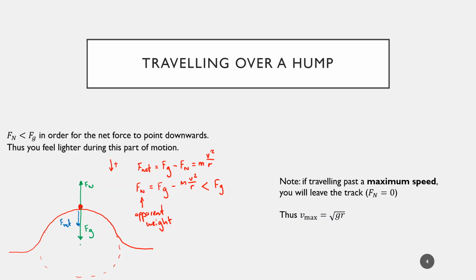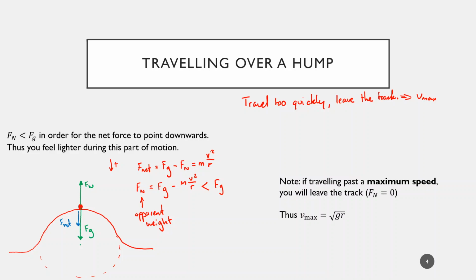So there's some kind of Vmax. And so we say if you're traveling too quickly, then you'll leave the track, which implies that there is a maximum speed at which you can go over this curve.